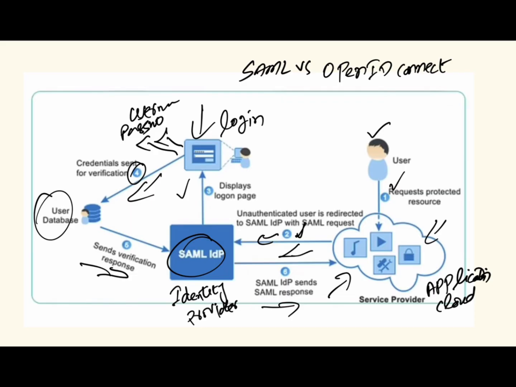The IDP authenticates, the SP trusts the IDP. Passwords are never shared with the SP. User assertion, XML, digital signature. So SAML allows an IDP to authenticate a user and securely tell the service provider that the user is trusted without sharing credentials. So that is about SAML.